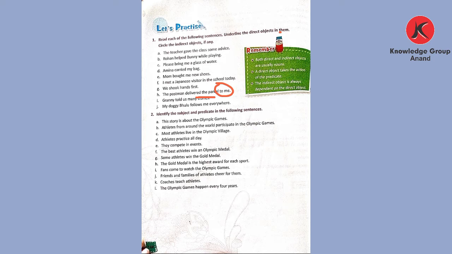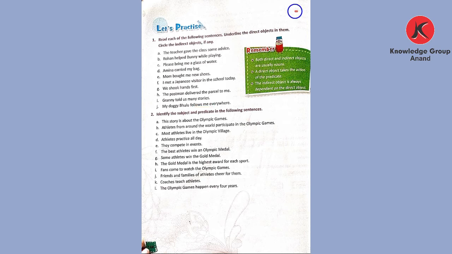We have both direct and indirect objects here. Granny told us many stories. So many stories we have to underline and us we have to circle. So we have both objects here, direct and indirect. And the last one, my doggy Bailu follows me everywhere. We have only a direct object that we have to underline.